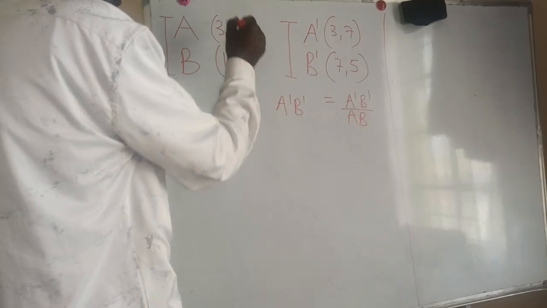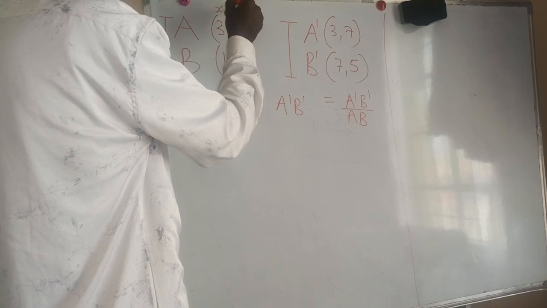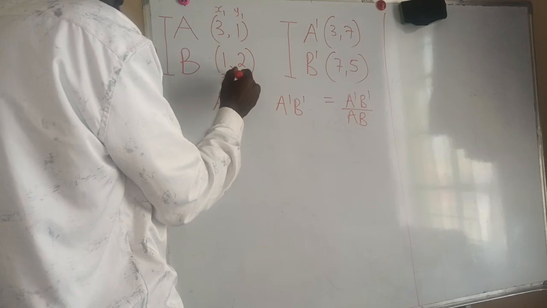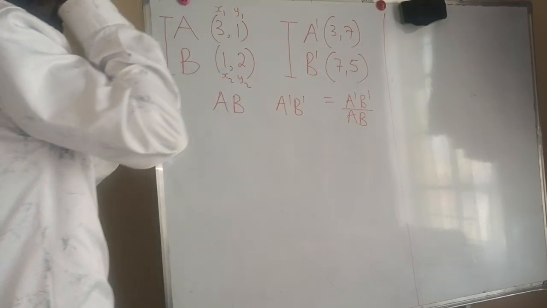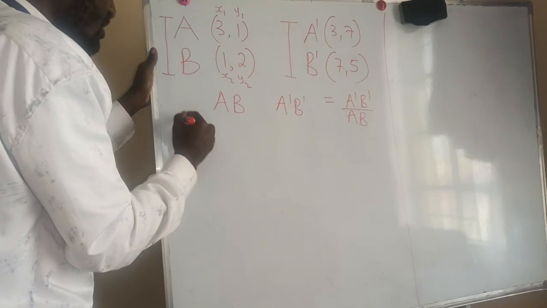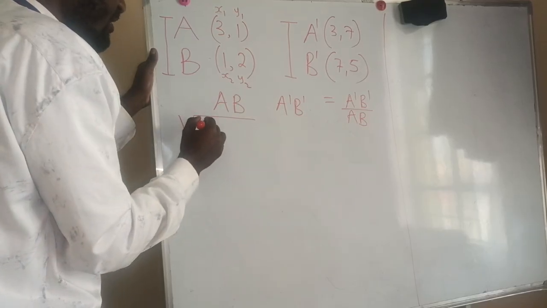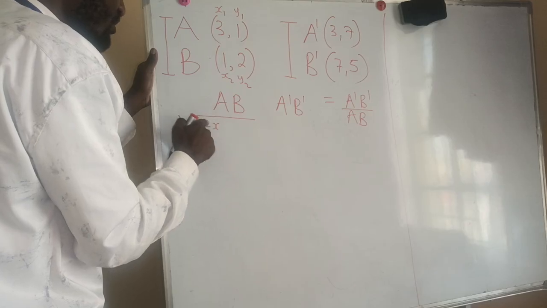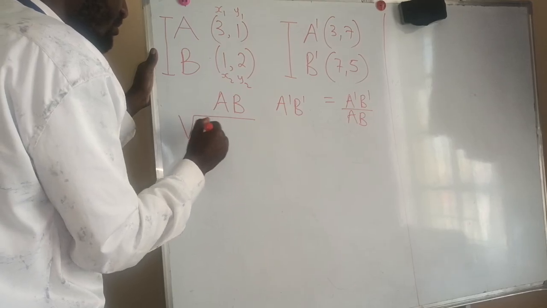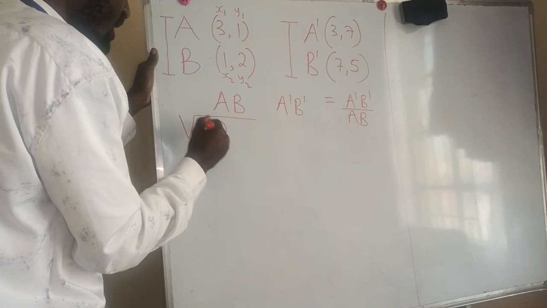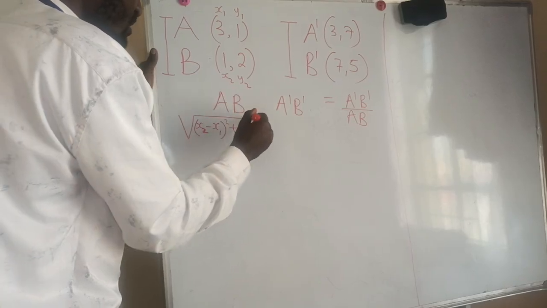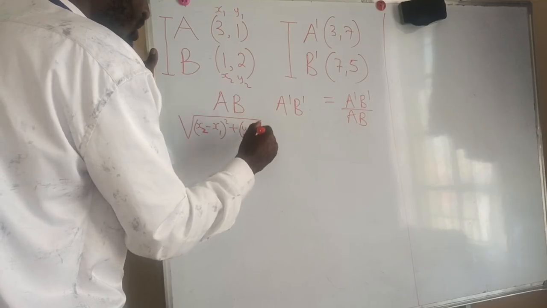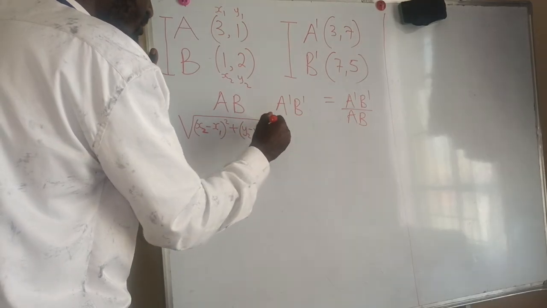So how? Let's take this to be x1, y1. Let this be our x2, y2. Okay. So you just come here and say the square root of x2 minus x1 squared plus y2 minus y1 squared.